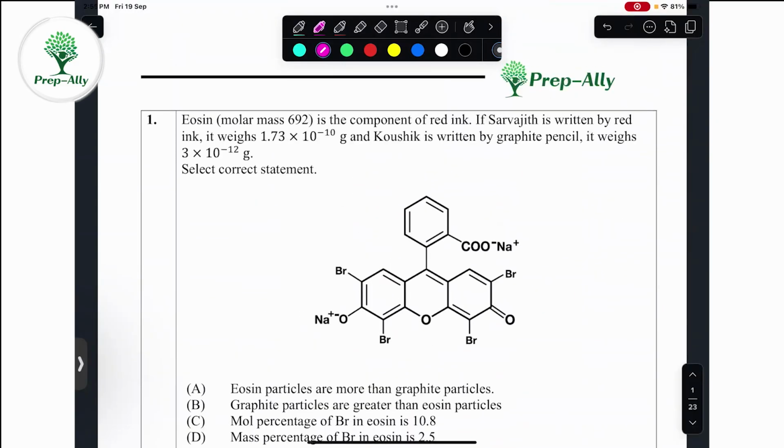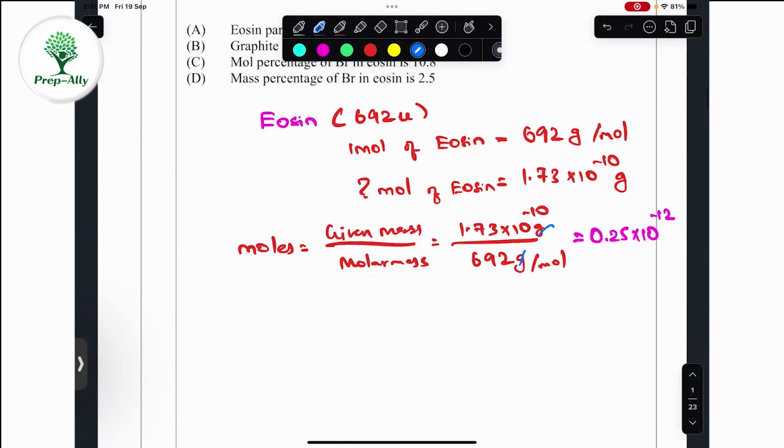Okay. Now Kaushik writes with a graphite pencil and it weighs this much gram. What is graphite? Graphite is made up of carbon atoms. So let's see the moles of graphite particles, which is nothing but the carbon atoms.